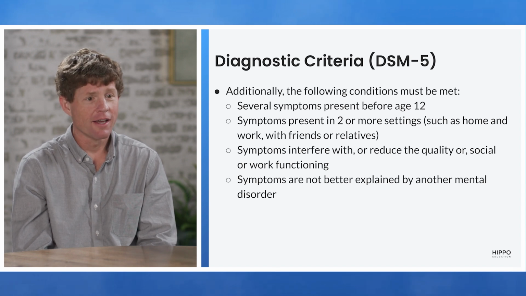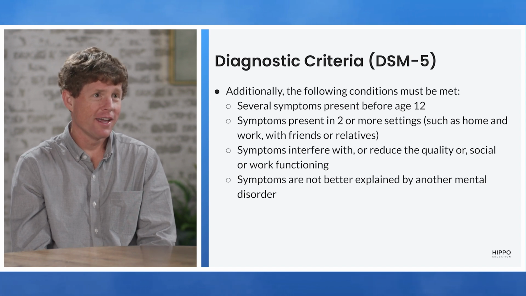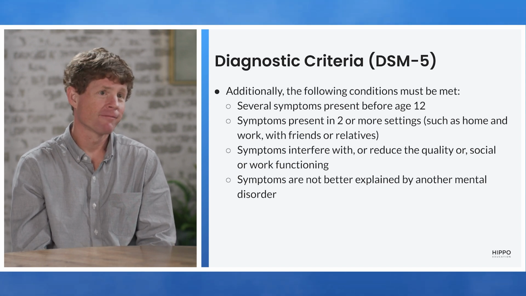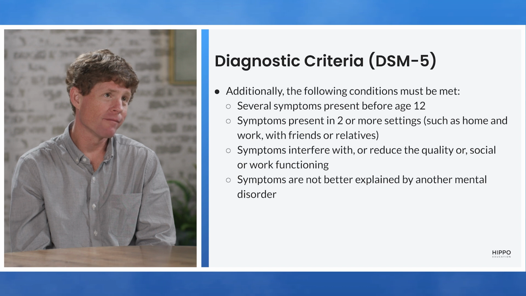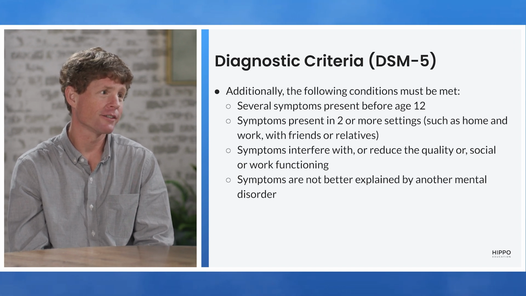So that's key. Another thing that is key is what is functioning like? If someone is functioning well in all settings, it's hard to make a diagnosis of ADHD. We also want to make sure that these symptoms aren't better explained by other factors or conditions. Okay, got it. So that's super helpful. So it's symptoms plus these other features.